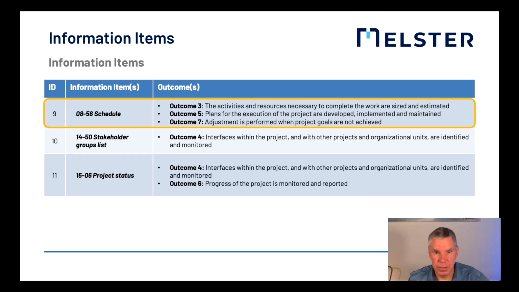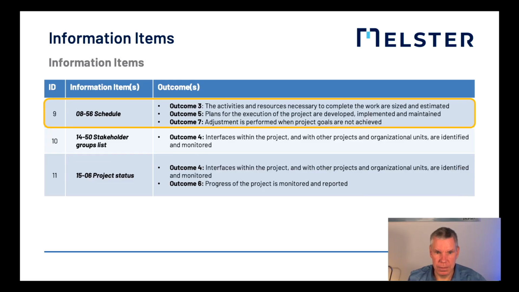Schedule. This information item schedule is an aggregation of activities and work packages. It is very often called work breakdown structure. We will look into the terms work breakdown structure, schedule, activities, work packages, tasks, epics in much more detail in this course.